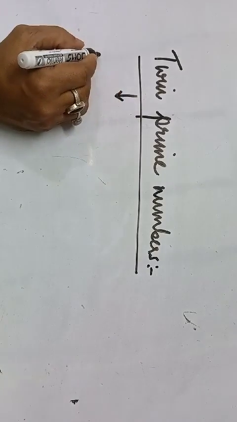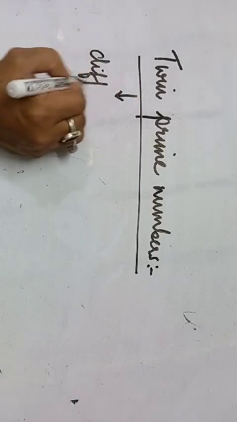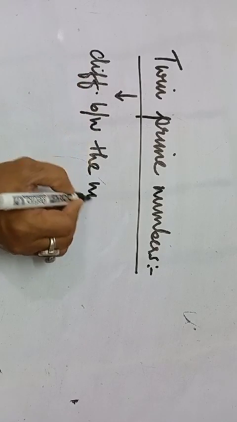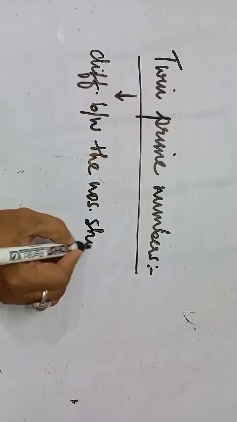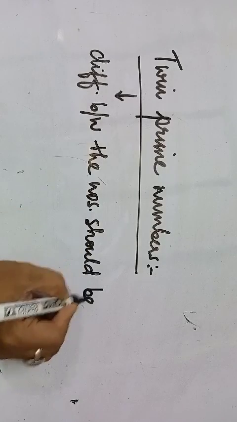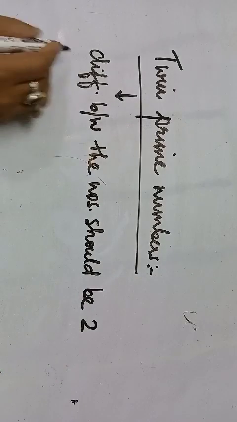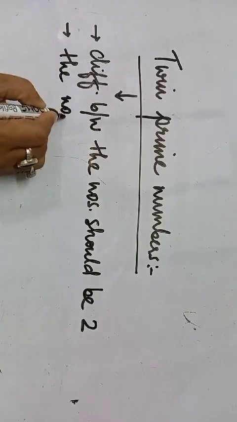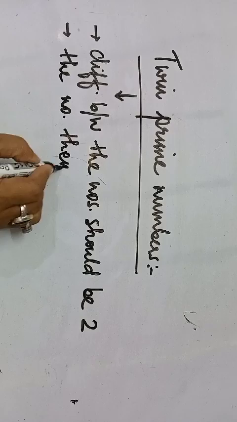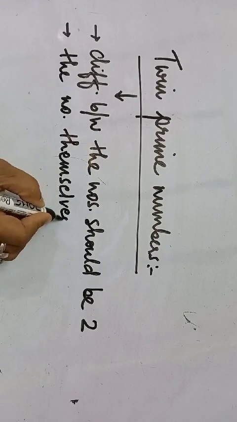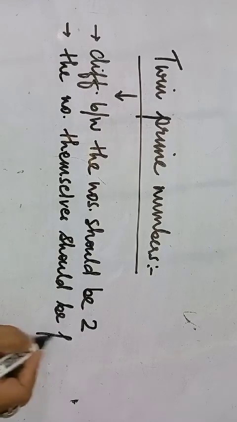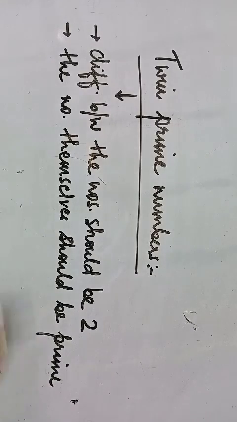Please remember the definition, that the difference between the numbers should be 2, and the next point is the numbers themselves should be prime. Should be prime.